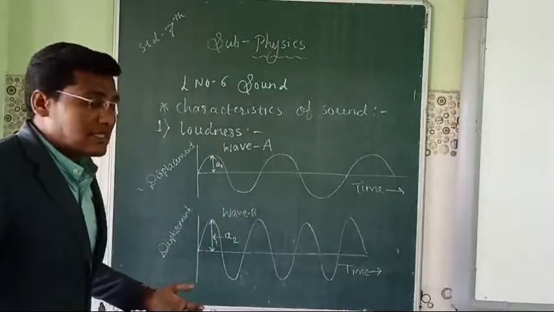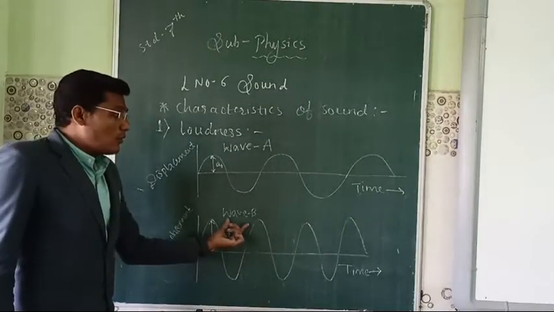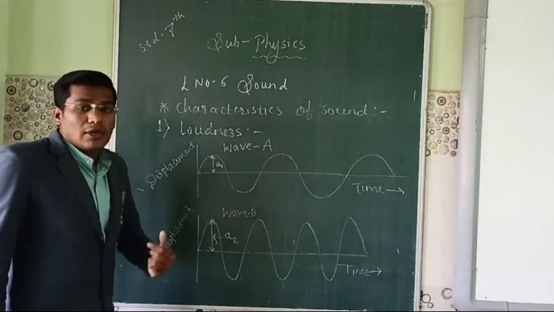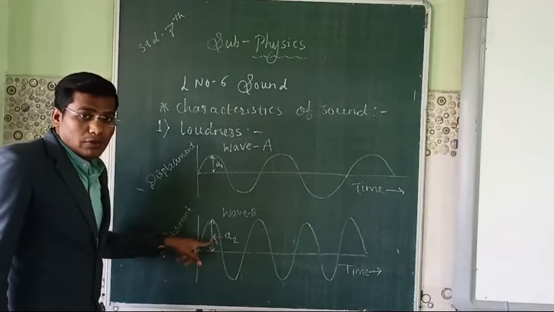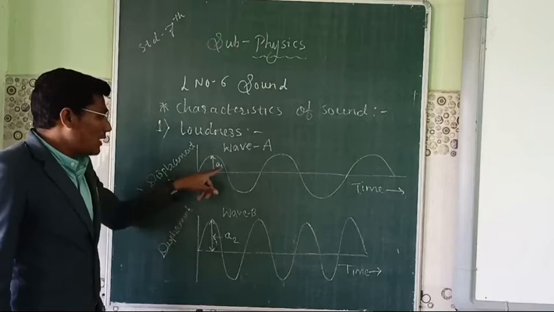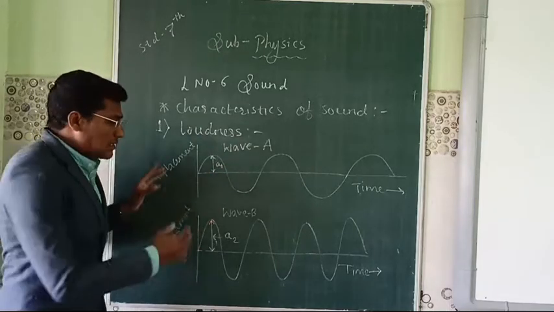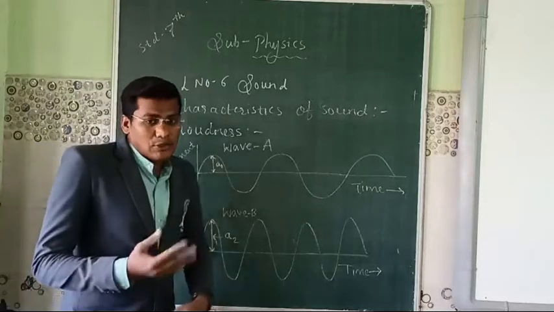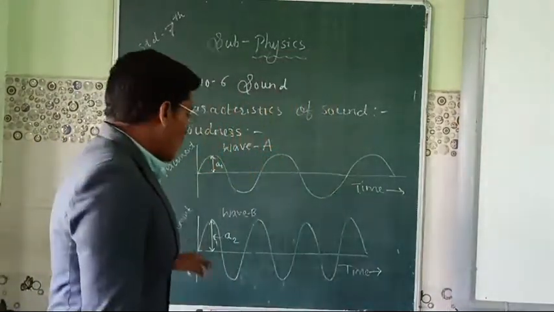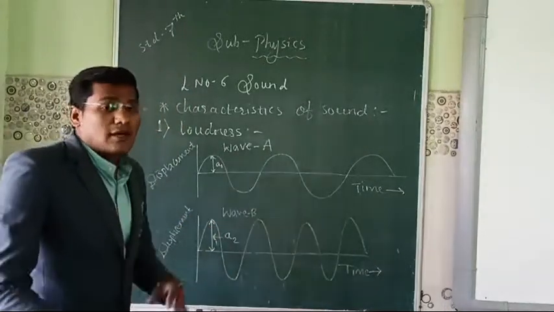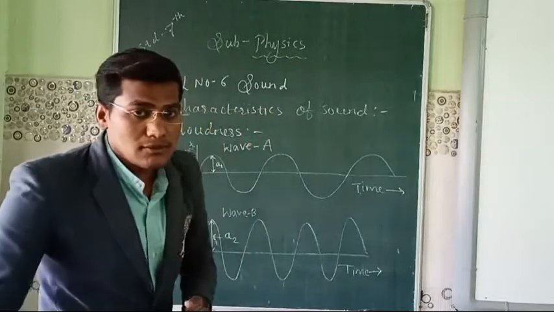And that is why we can say that wave B has more loudness than wave A, as the amplitude of wave B is more than the amplitude of wave A. This is how, where the amplitude or displacement of a particular wave is more, there the loudness of that particular body will be more.